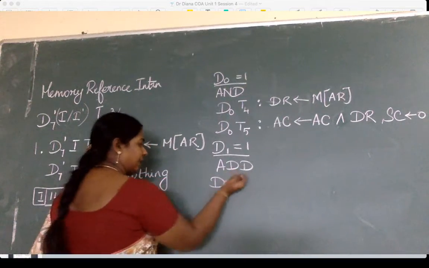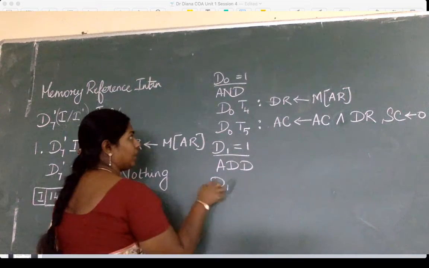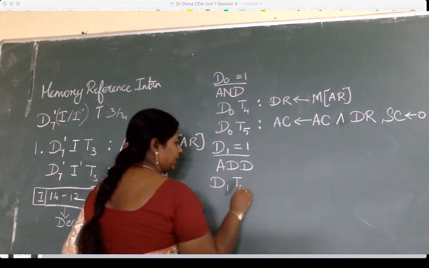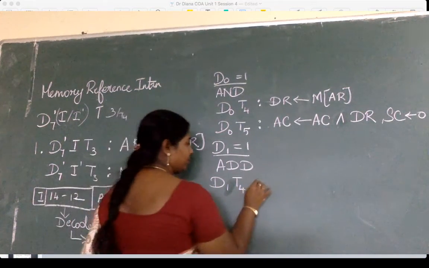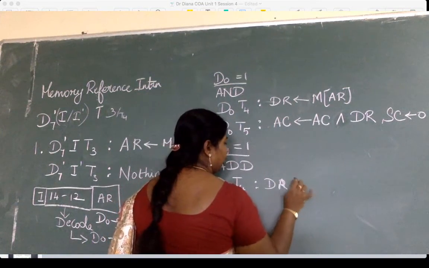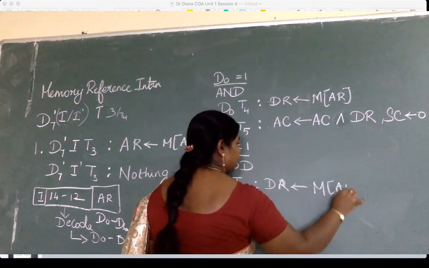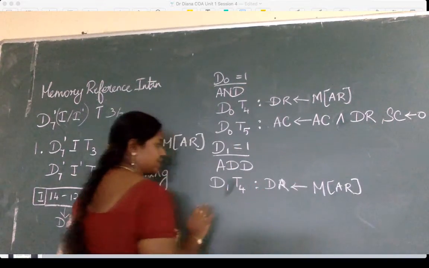I cannot have the value D0, I should have the value D1. D1 is 1 and at time cycle T4, I read the memory content of the address register into the data register.